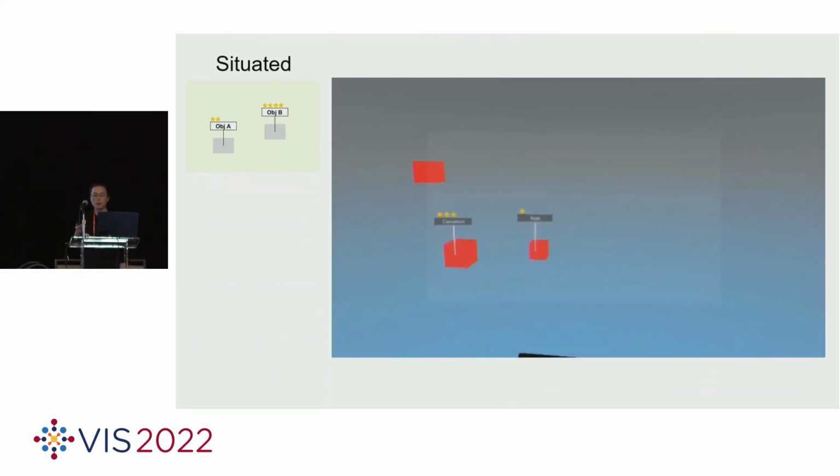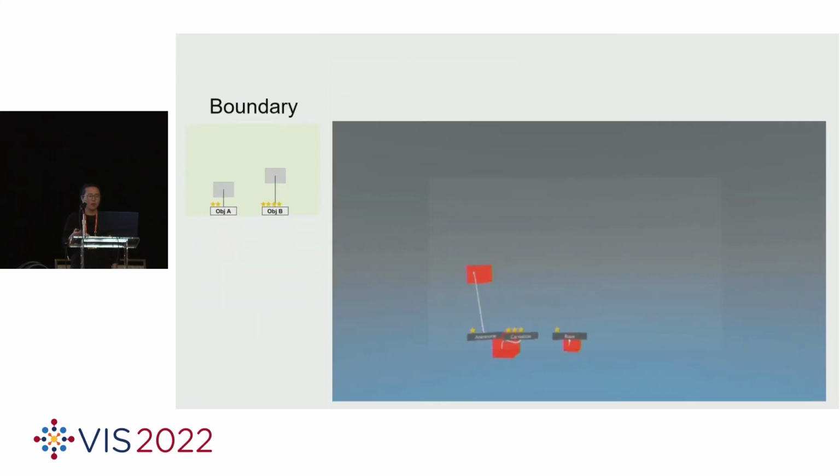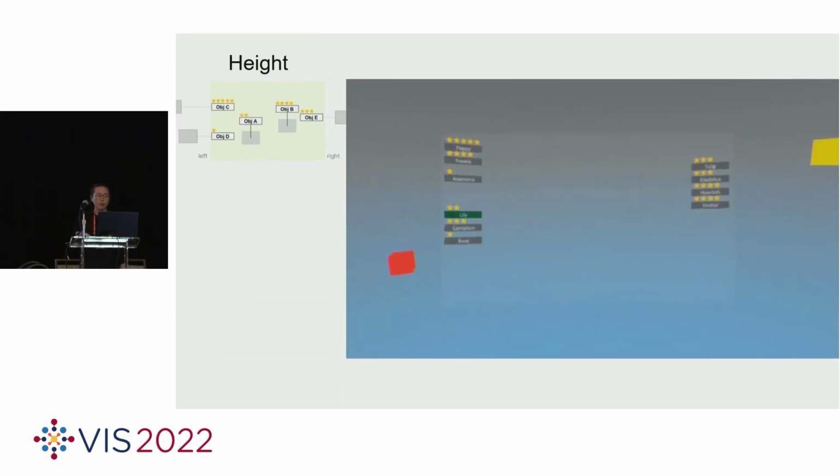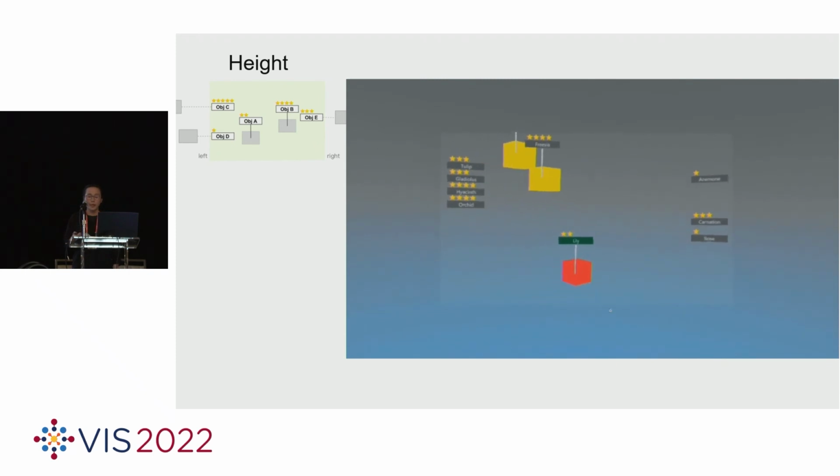So the first label, situated, is placed close to and above the virtual objects. Boundary labels are placed at the bottom boundary of the AR screen, and they are linked to the object with a leader line. Height labels encode the relative vertical position of the objects that are outside the field of view. And once the objects are in view, labels become situated.